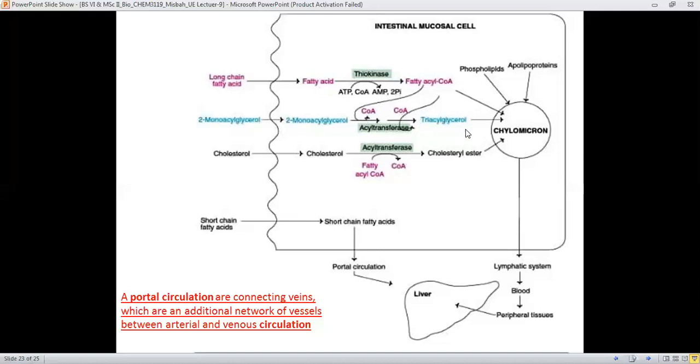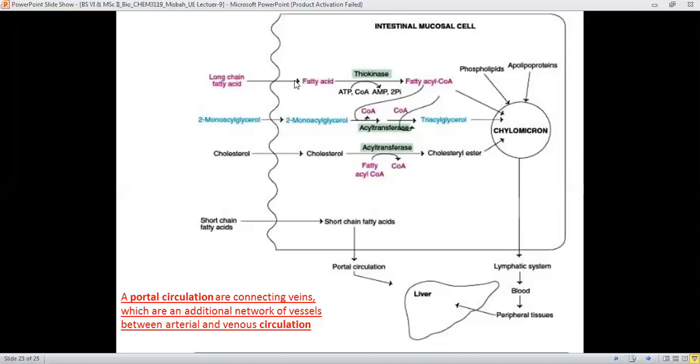The triacylglycerol which we have eaten, again triacylglycerol is going to be synthesized in the intestinal mucosal cell. But here the triacyl functionality is not the same one which you have taken in the food, because there is union of moieties which are not the same as in the starting material. And with cholesterol acyl transferase, fatty acyl CoA is released and the cholesterol ester is formed.